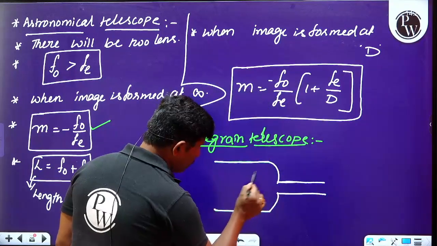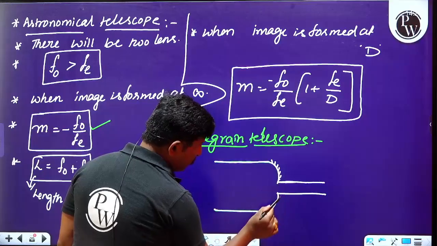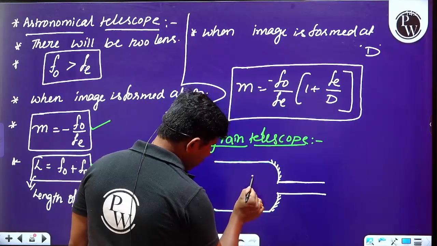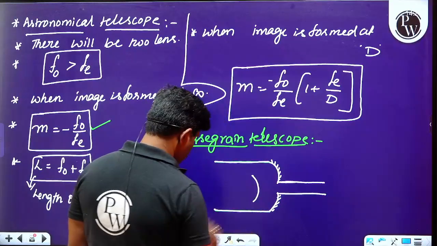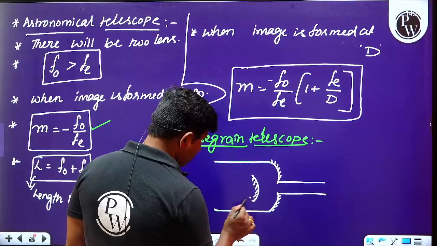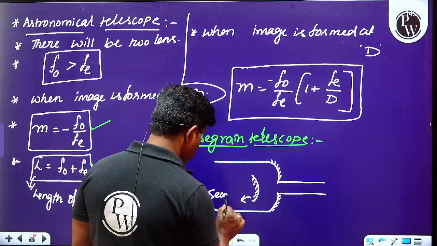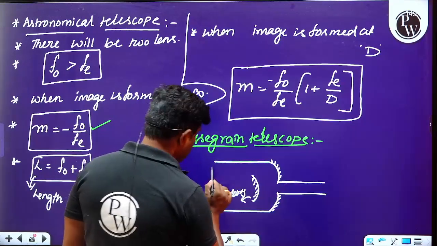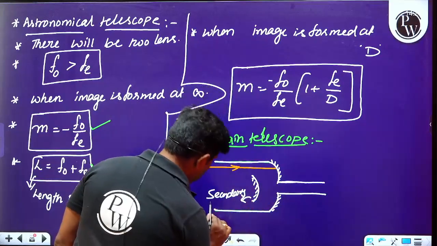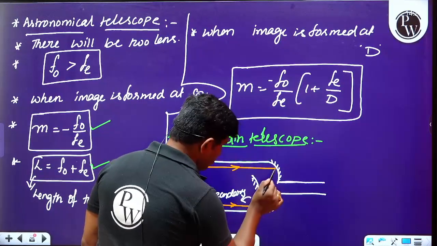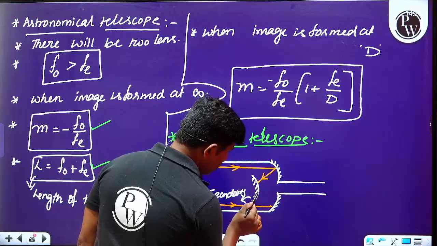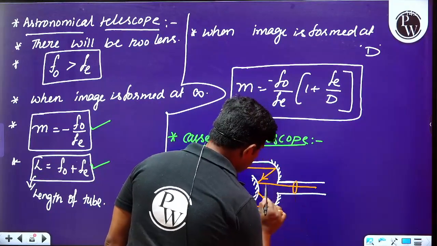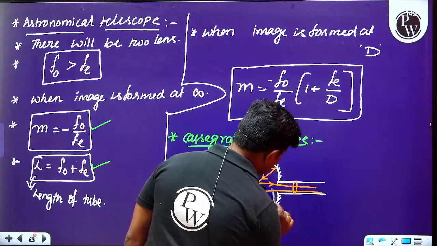Opposite to this is the primary mirror, which is nothing but a concave mirror, and exactly opposite to this there will be a secondary mirror. Whenever light is made incident on the primary mirror, it gets reflected back through the lens.